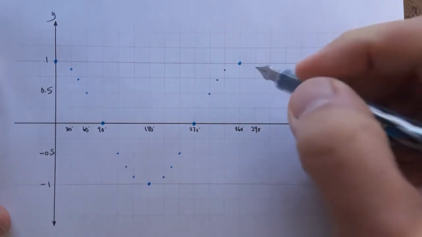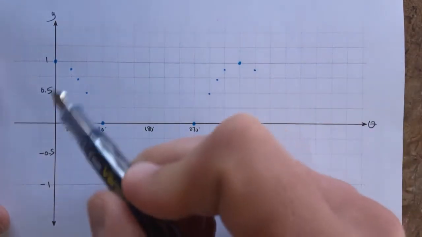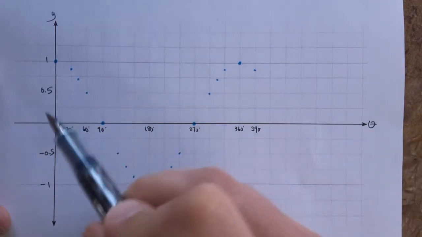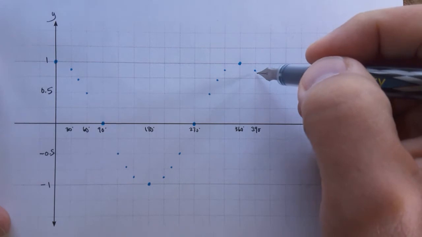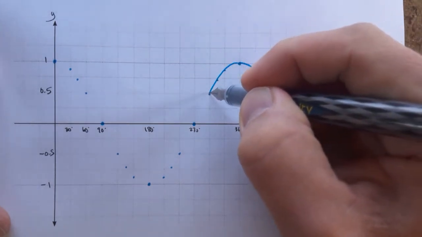And 390 is at 0.866 again. Okay. So you see we have the same pattern, kind of, it's in a different spot, but the same sequence of points in a different location. So let me just start drawing that curve now.